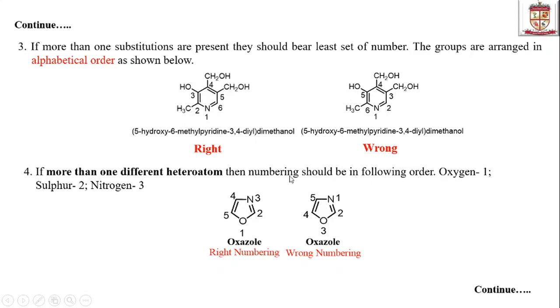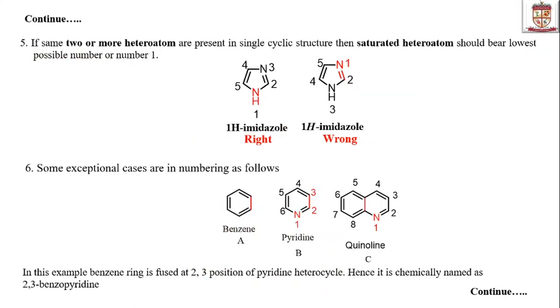But in this case, when two or more heteroatoms are the same, that is nitrogen and nitrogen, present in a single heterocyclic structure, then the saturated heteroatom should bear the lowest possible number.